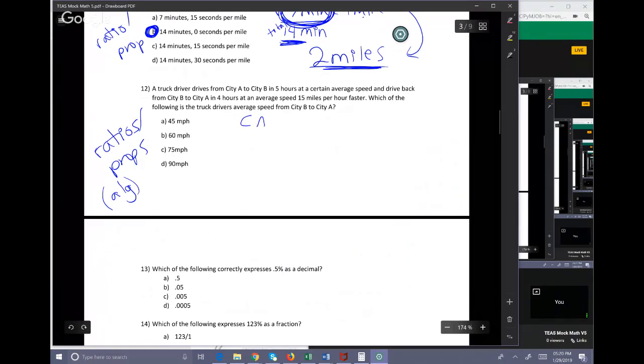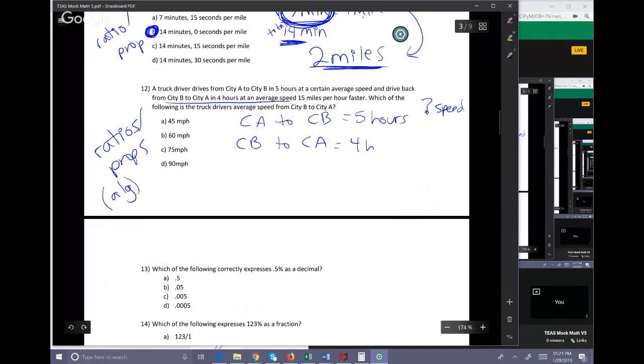So you have a trip that's from city A to city B, and that takes 5 hours at an unknown speed. And you kind of have to read this particular problem a few times to figure out whether you were given certain info or not, because it's very unclear the way that they say everything. Then you went from city B to city A, which hopefully you noticed that was the opposite.